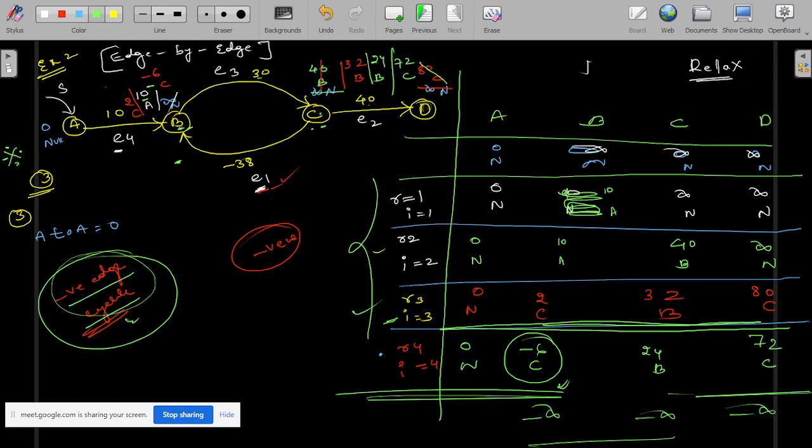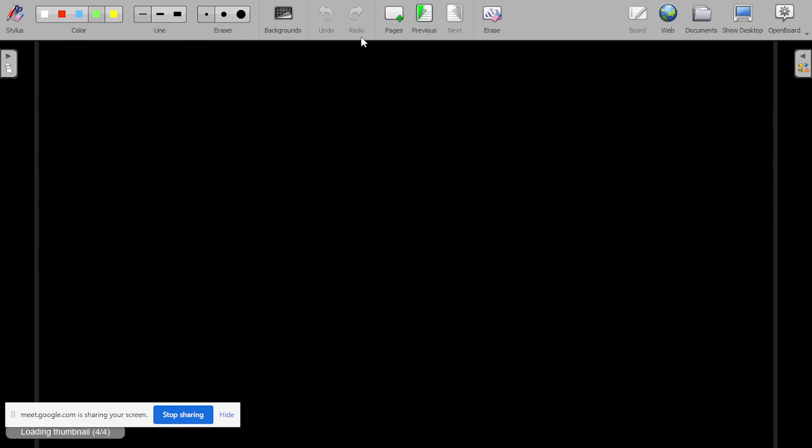Once you go through Dijkstra's algorithm, it's very important, so check it. The difference between them, a few lines I am going to write here, and then I will wind up.